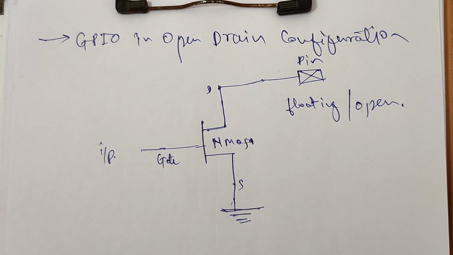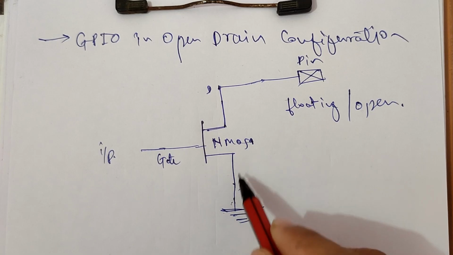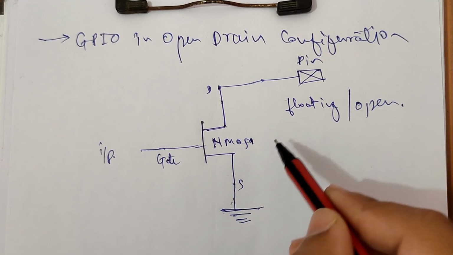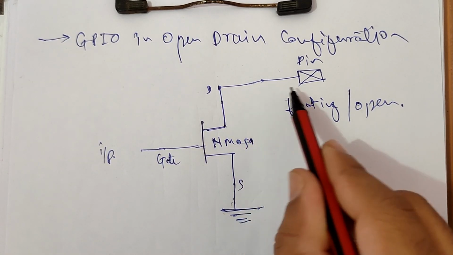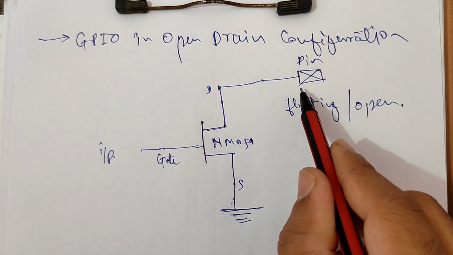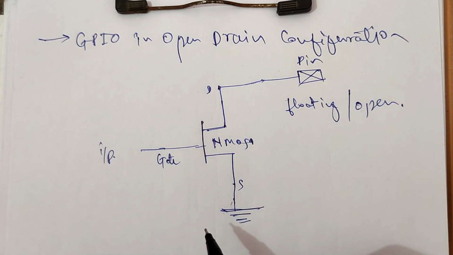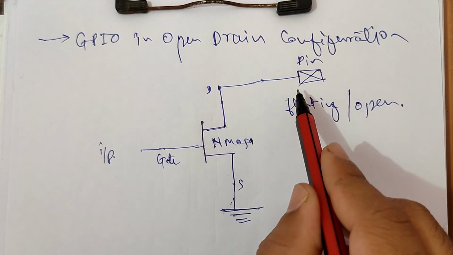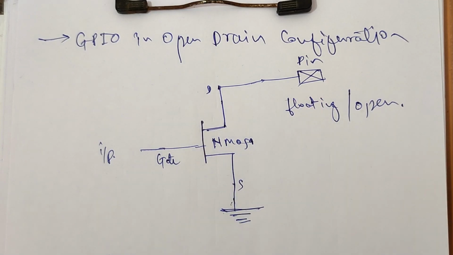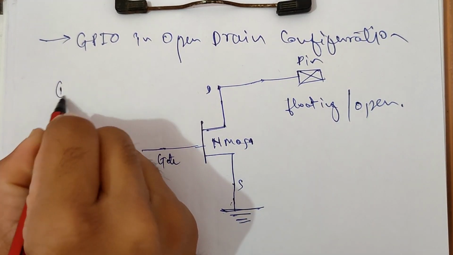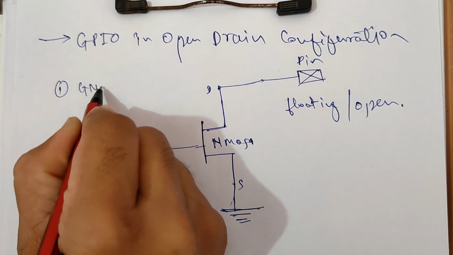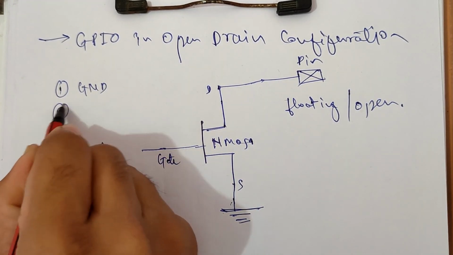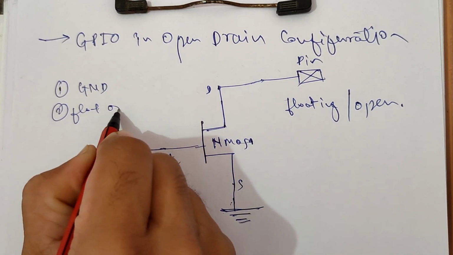Okay, so we can see here that the open drain configuration can only pull down the pin and lacks the capability of pulling up the pin. So it lacks the pulling up capability. So we can say that it has only two states. First is ground and second is float or open.